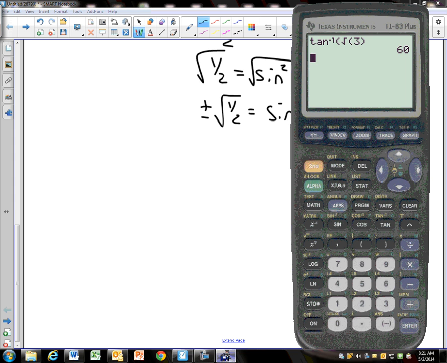Let's give it a shot. Sine inverse of square root 1 over 2. If you didn't see it already, the answer is going to be 45.